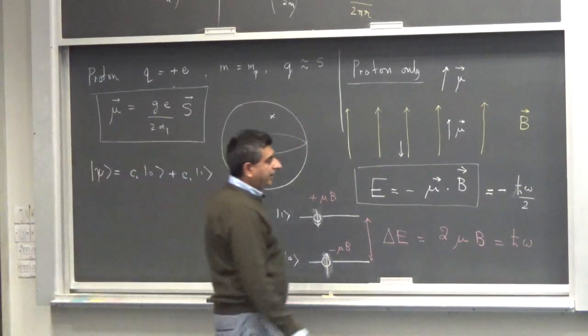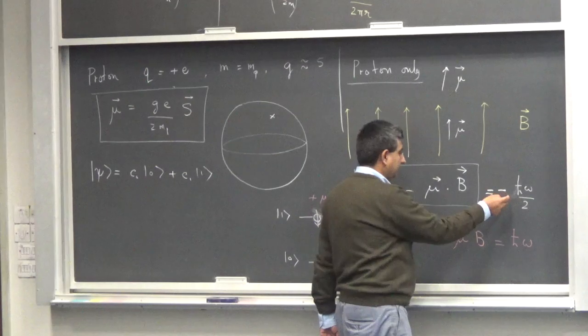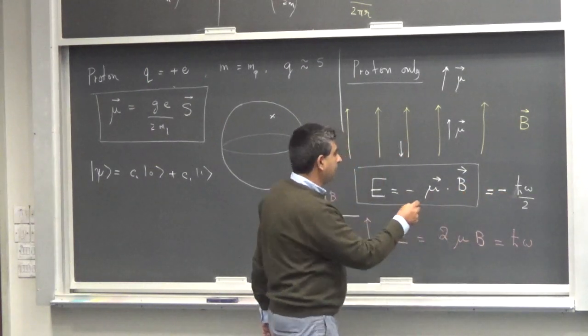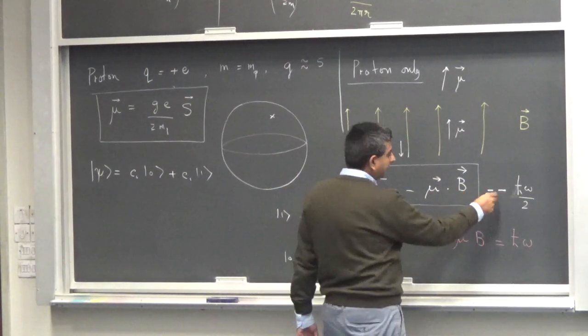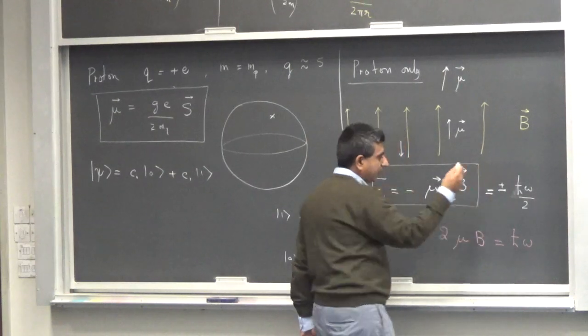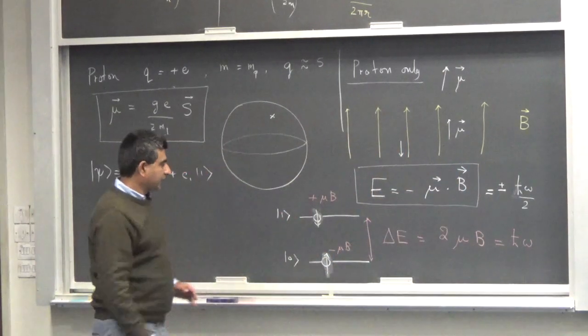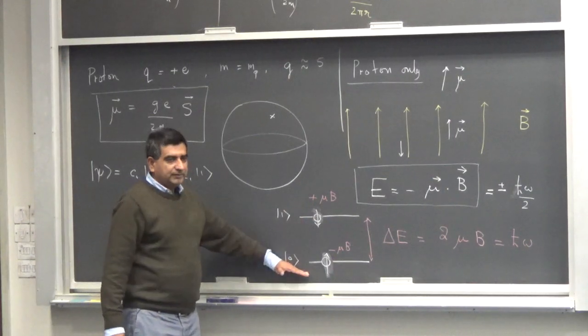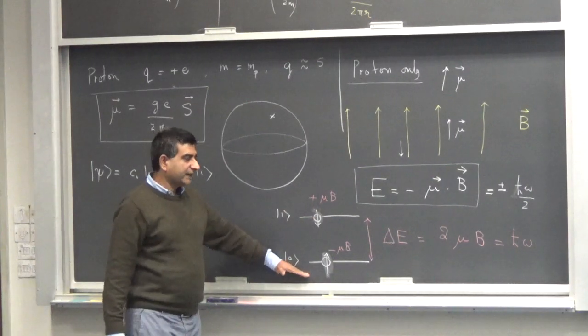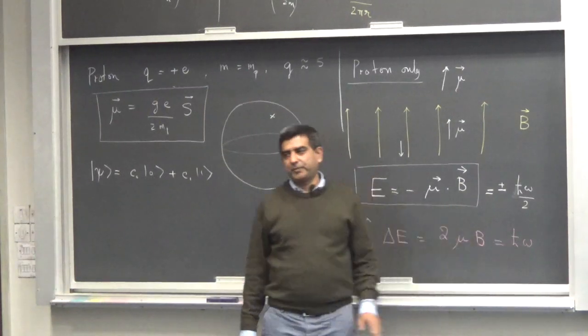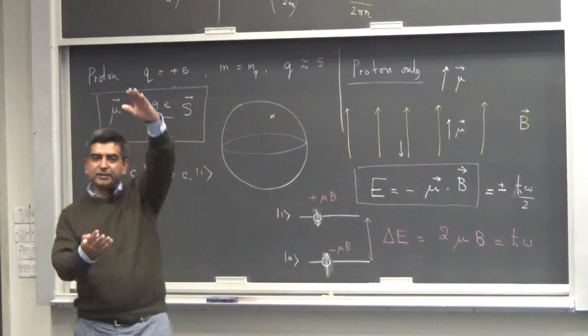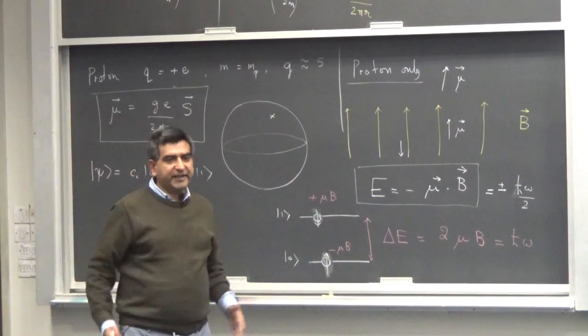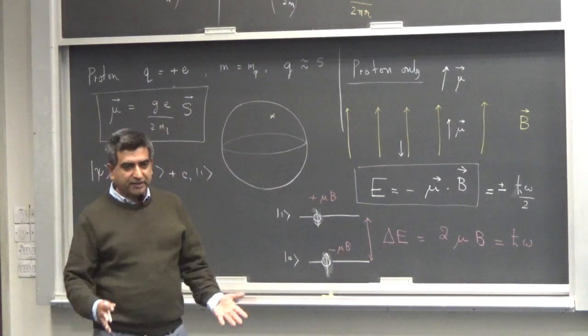Or if omega is positive, this becomes plus minus h bar omega over 2, right? The 2 energy levels. The higher one is plus h bar omega over 2. This is minus h bar omega over 2. That's how we define this frequency omega. So any energy gap can be written as h bar omega, hf. It's dimensionally correct.